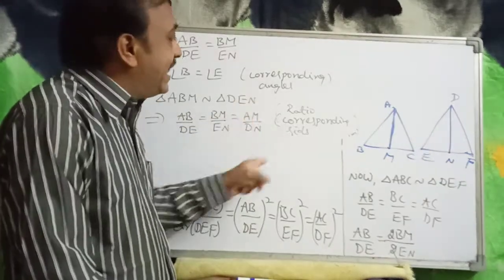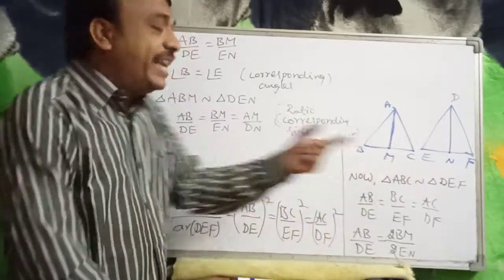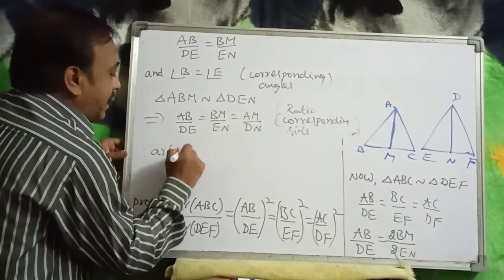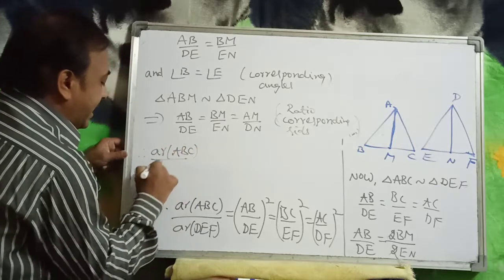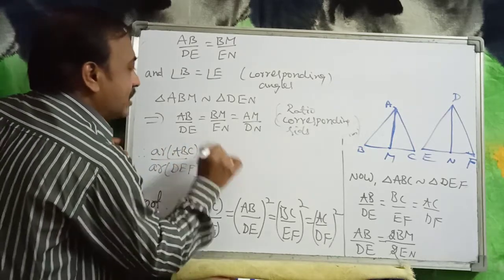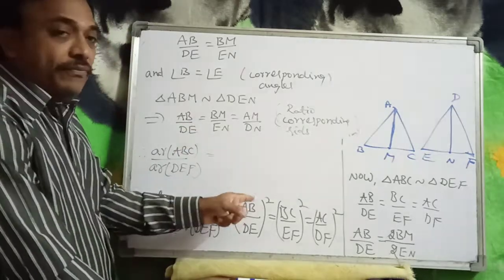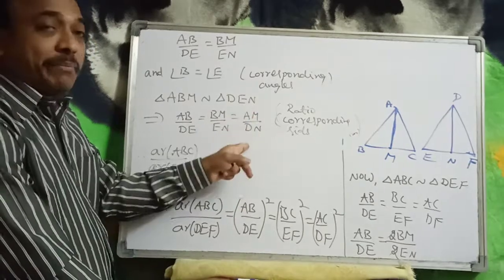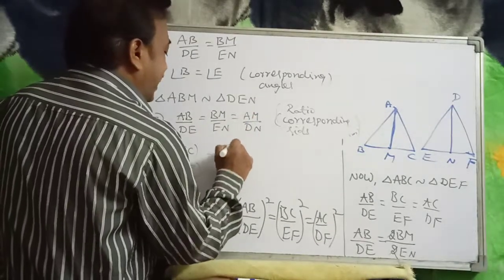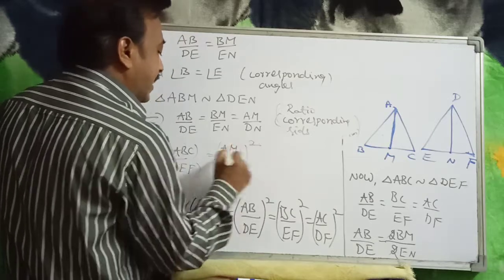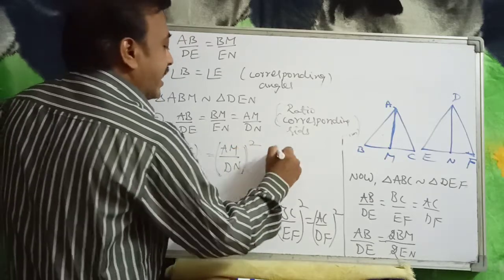What is AM and DN? The medians, their corresponding medians. Therefore, area of ABC by area of DEF is equal to, in place of AB by DE, we can write AM by DN whole square.